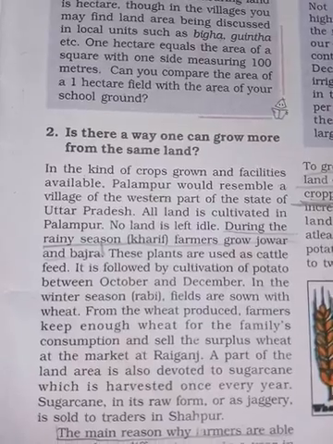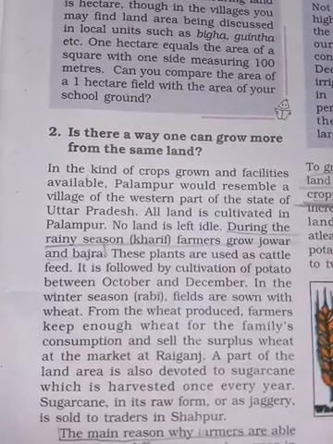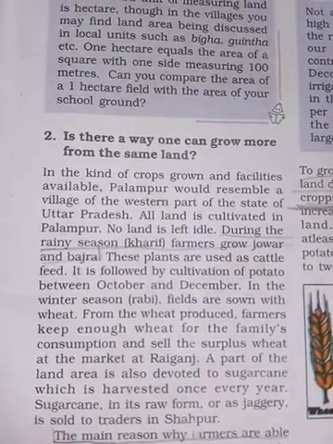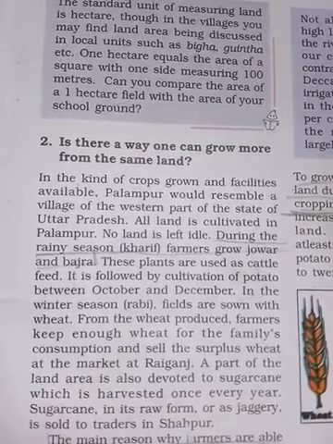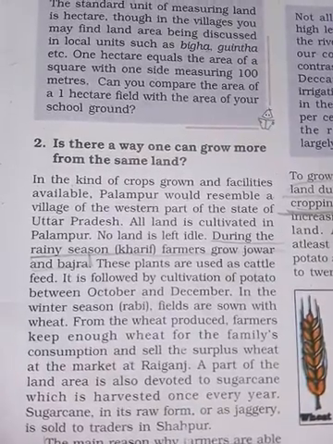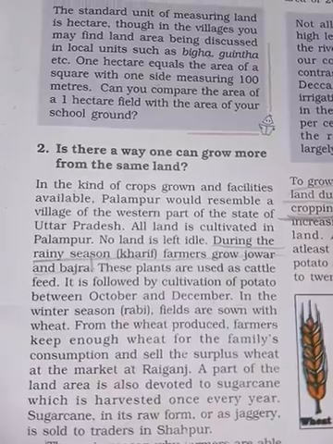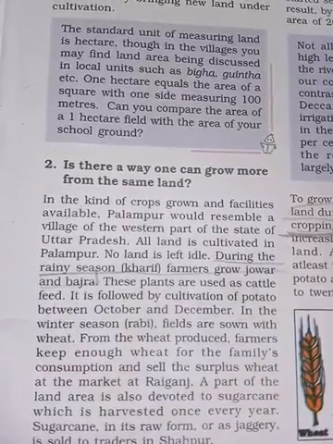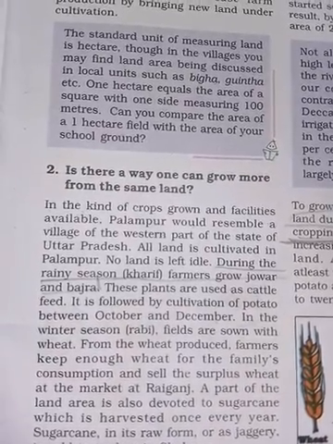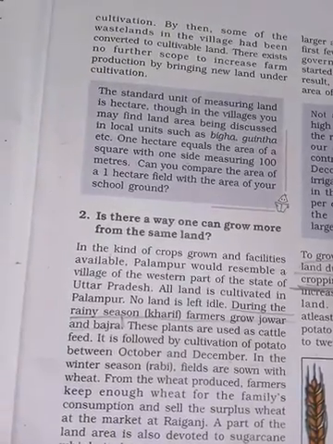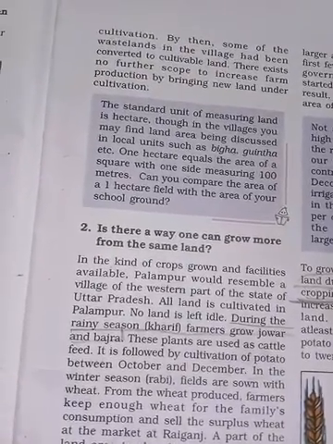Is there any way one can grow more from the same land? Yes, that is the question. On the same land, they can grow different crops or more crops in a particular year, from January to December.